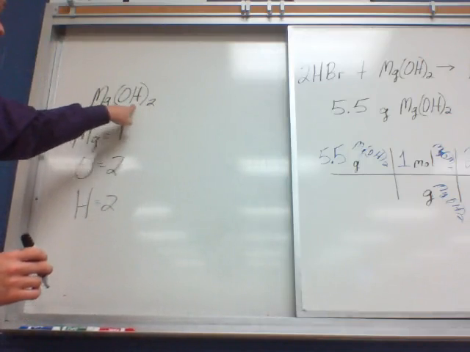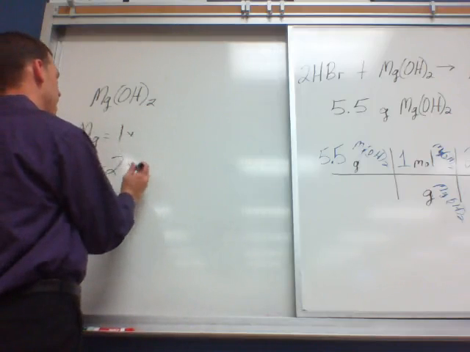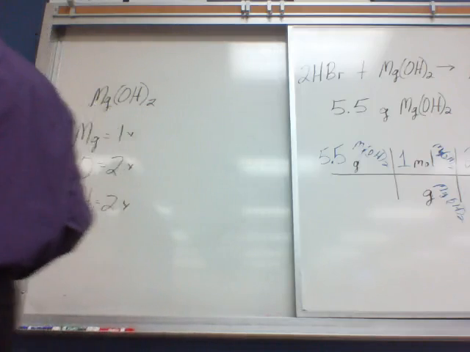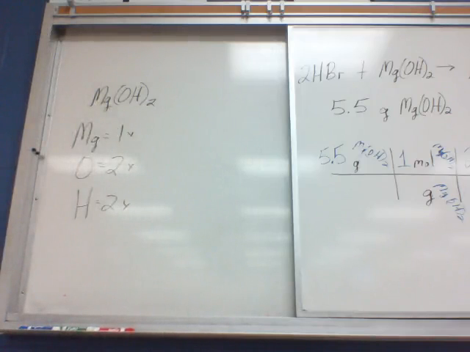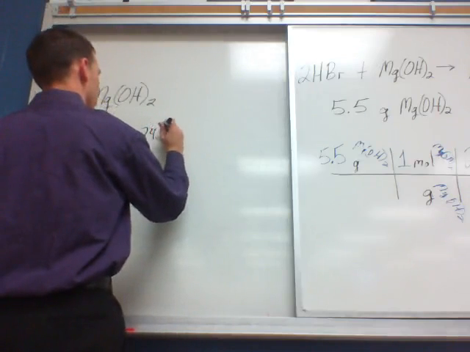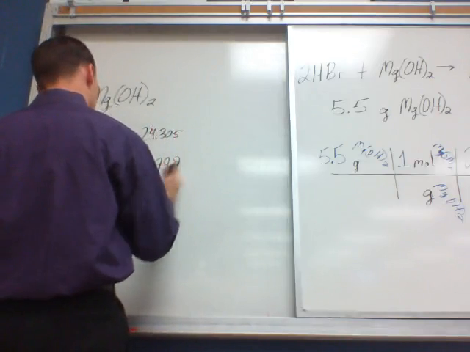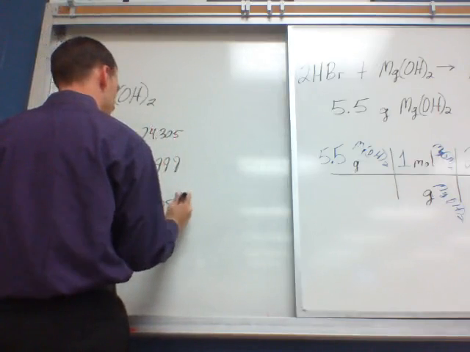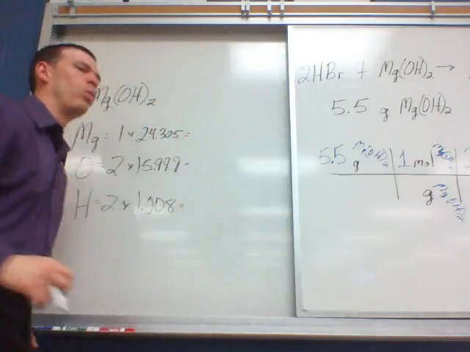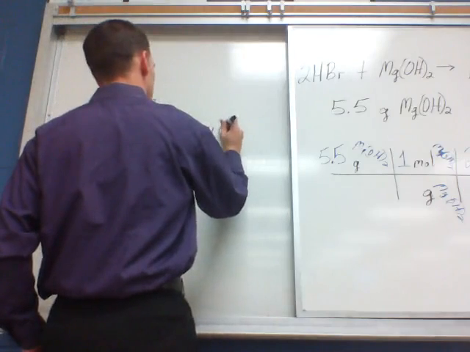1, and then that distributes in. This is review. We need to multiply these by the periodic table mass of these elements. Magnesium I have at 24.305. Oxygen 15.999. Hydrogen 1.008. We get our individual totals. Magnesium will stay the same.